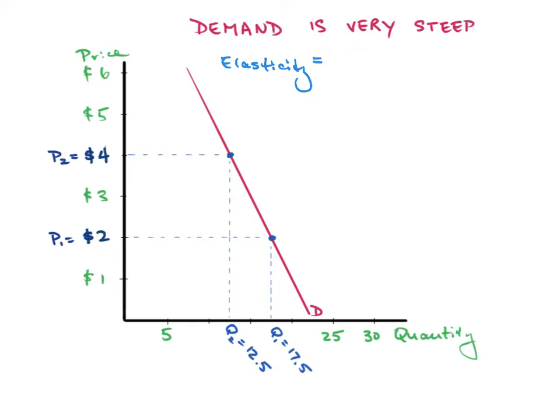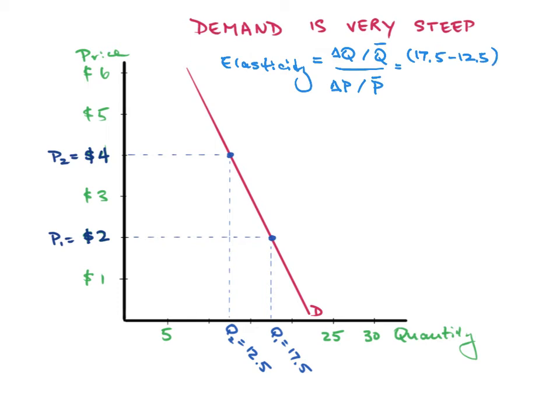Okay, change in quantity over average quantity divided by change in price over average price. So that change in quantity, I'm just going to do this bigger minus smaller.